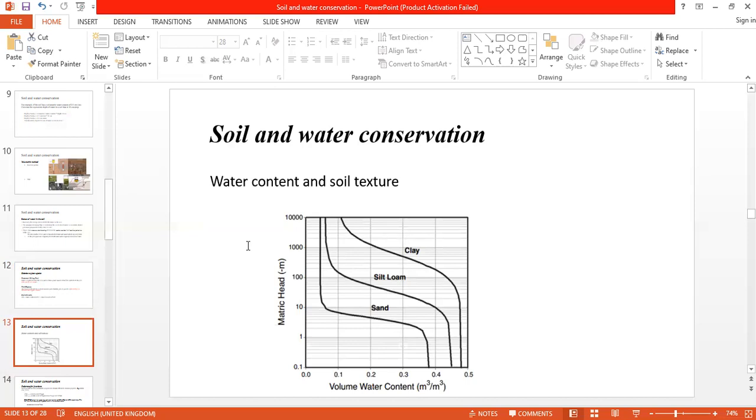Then we say, at what point are we going to be irrigating? Mostly we use about 50%. So we say at 45, I need to put water, because 45 is 50% of 90. Mostly when we apply water, it works on the assumption that it goes to field capacity.